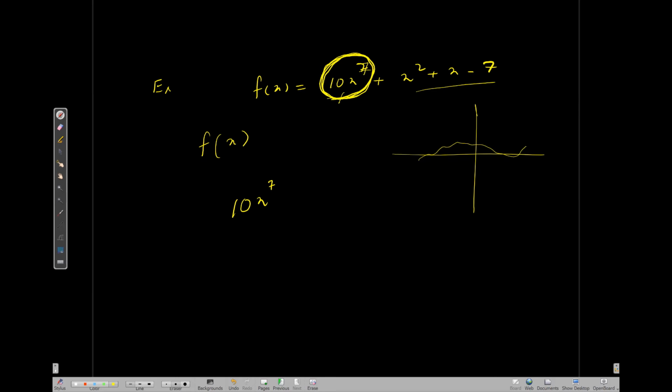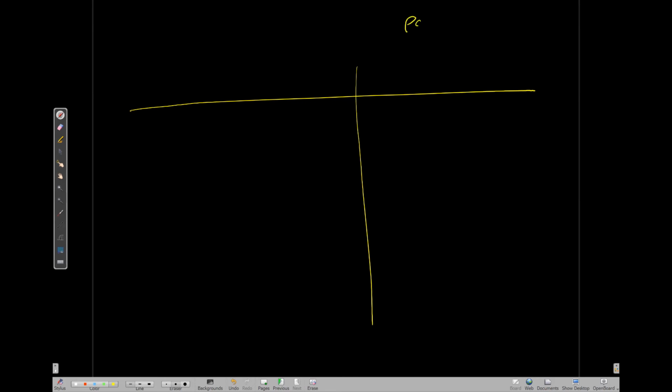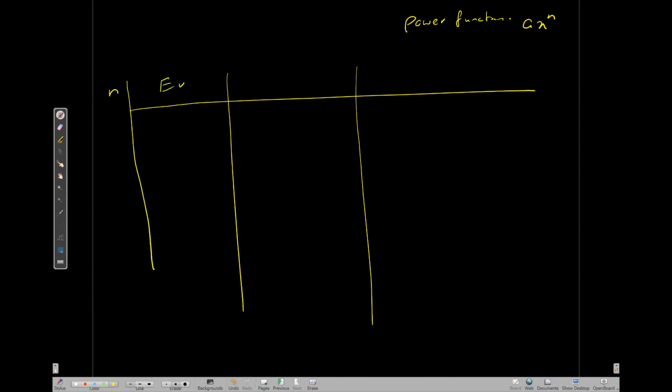Now, let me quickly recall what you need here. I drew a table three or four videos ago. Let me quickly draw that table again. For the power function a x^n, remember we did this, n can be even or odd.